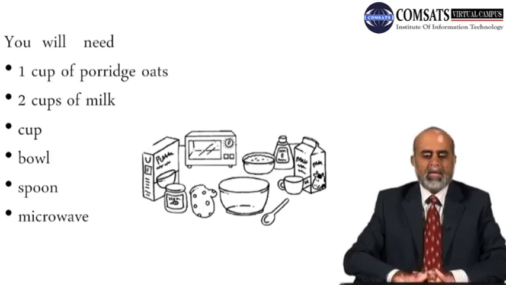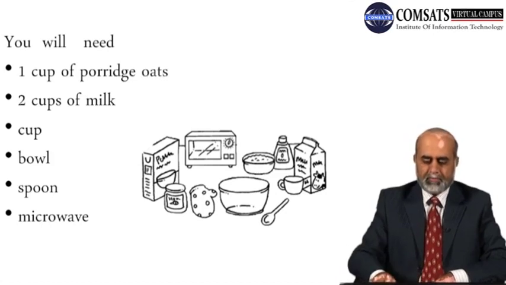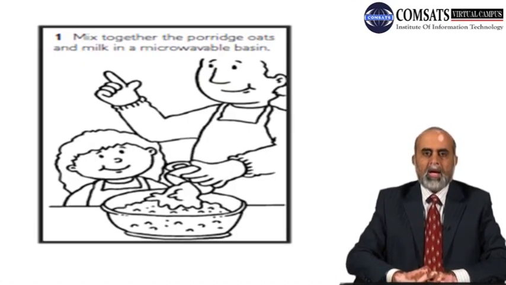So it's always a good idea to have pictures along with the objects. Okay, now we move on to the second section of the instructions. In the second section, we have the procedure or the way to make porridge in this particular example.